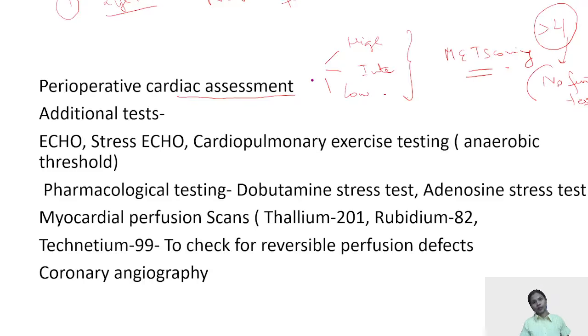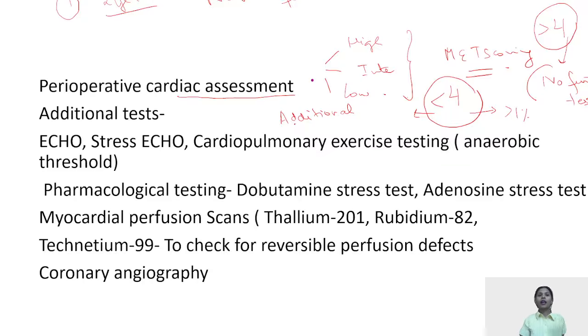Nothing has to be done, right? But if the patient has MET scoring of less than 4, and especially if the patient has to go for any high risk surgery in which the risk of cardiac event is more than 1%, then we have to undergo additional tests. But that too only if these tests are going to affect your plan of management.